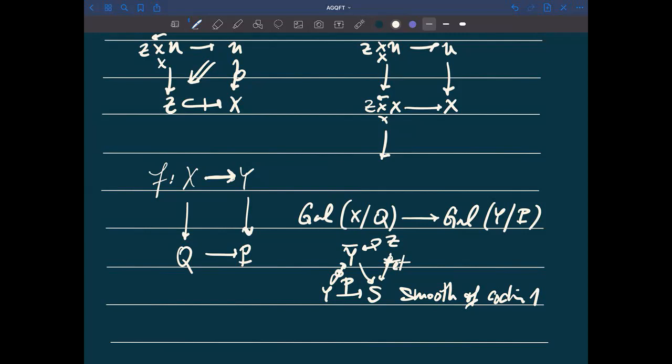And if your Y is smooth and proper over the base, then that's essentially an algebraic version of Ehresmann's theorem, the differential topology theorem, that if you have a proper submersion, then it's a fiber bundle and all the fibers are homotopy equivalent.